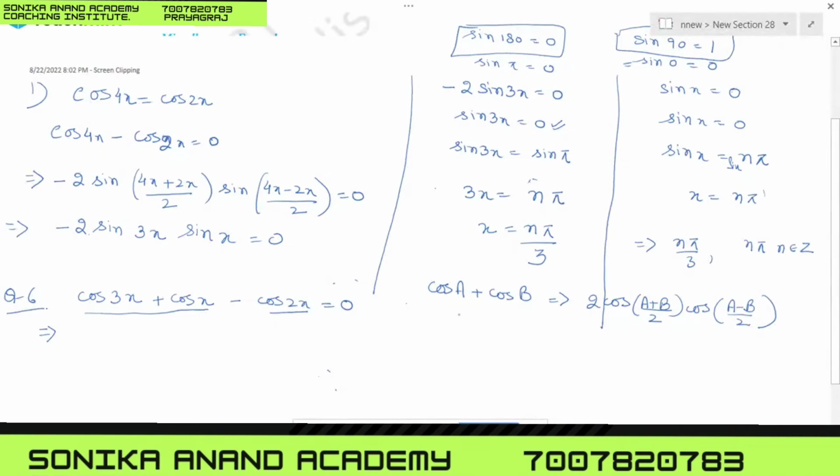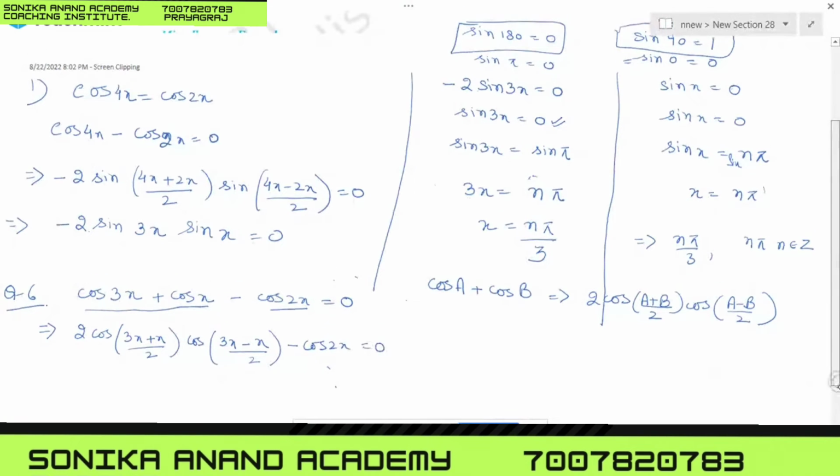So using this formula we have 2 cos (3x plus x) by 2 cos (3x minus x) by 2 minus cos 2x. Easy?